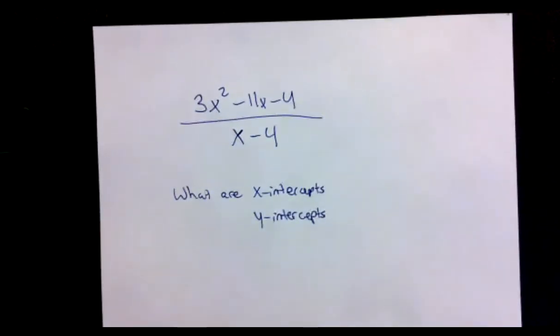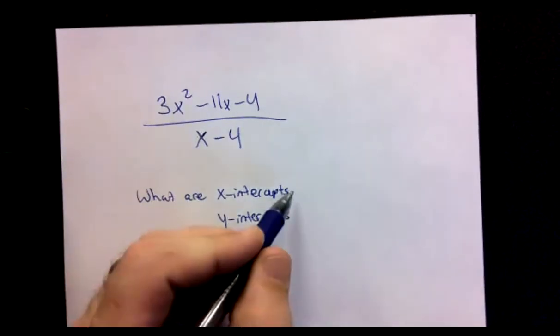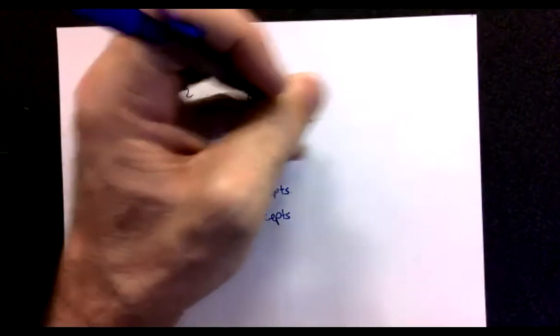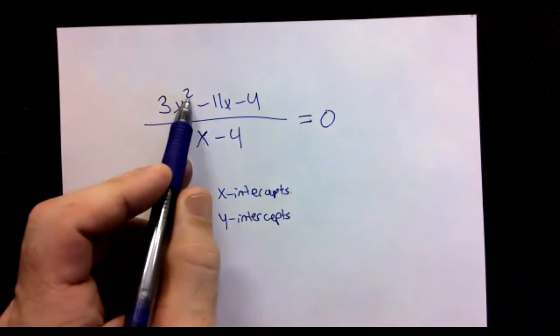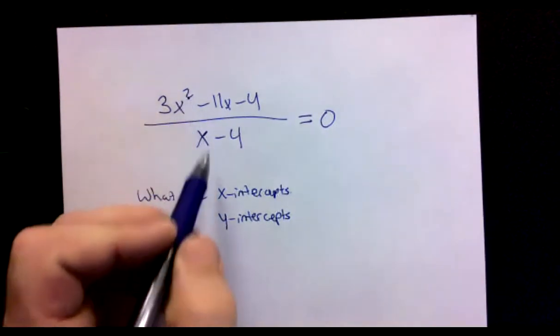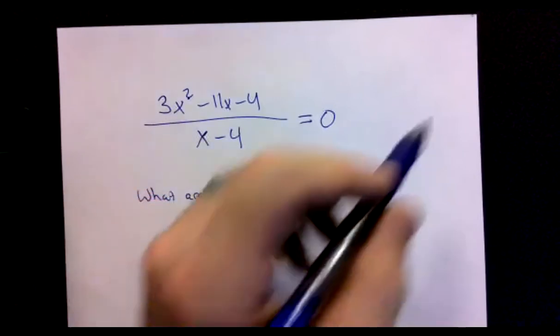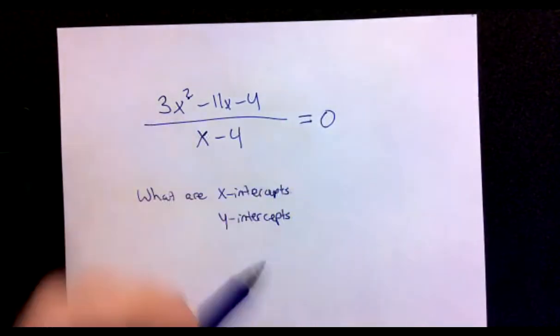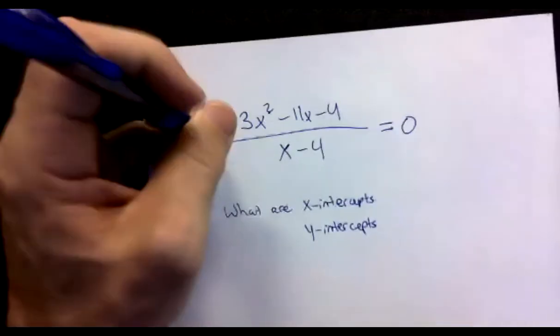And we want to find our x and our y intercepts. Again, our x-intercepts are whatever causes this whole function to equal 0. And now we do have to worry about it because if our bigger degree is on top, then we have an oblique asymptote. That just means our graph is going to be on a curve. So we probably are going to cross that x-axis. So we're going to solve this if we multiply everything by x minus 4.